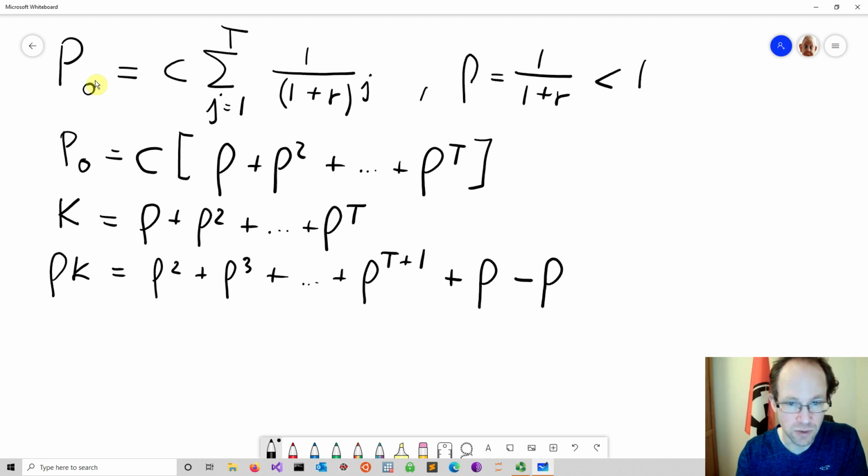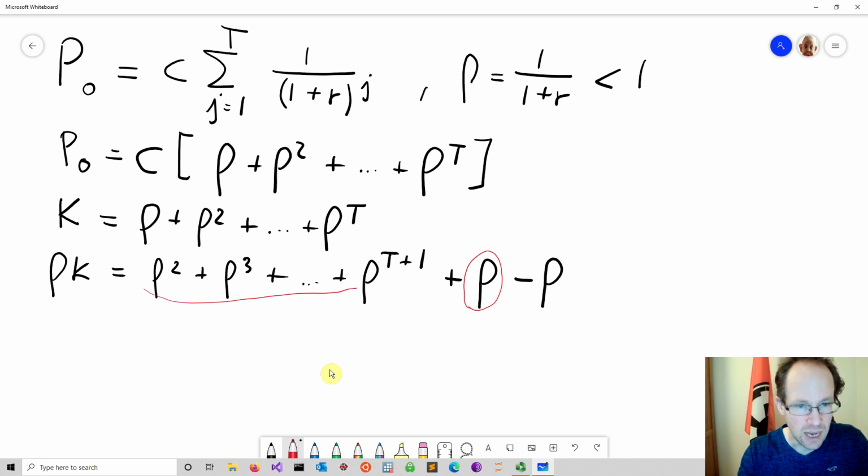Now you might argue this is rather stupid, but you will see in a minute that it's helpful, because now you have K again on the right hand side. All of these terms up to the term rho to the power of T, which is hidden in here, would be again K. And this is exactly what we exploit.